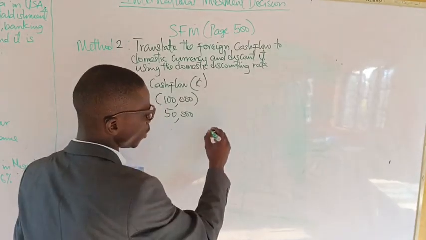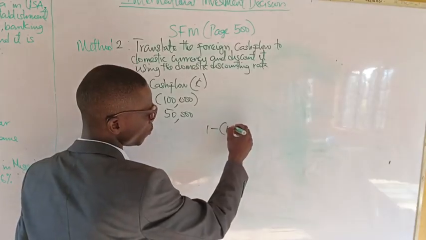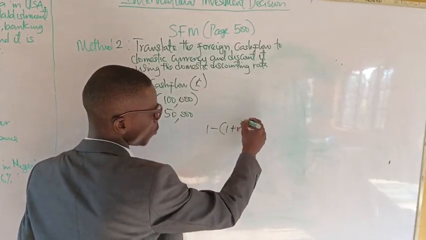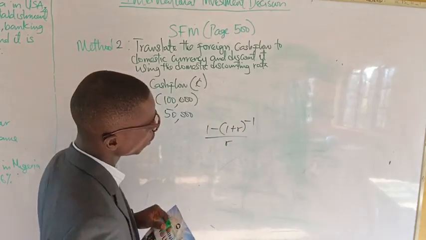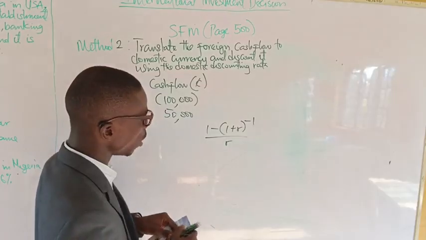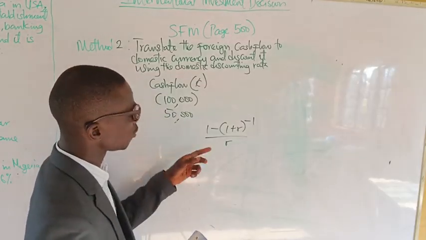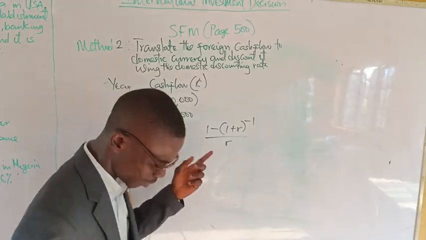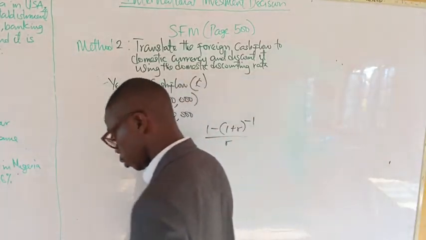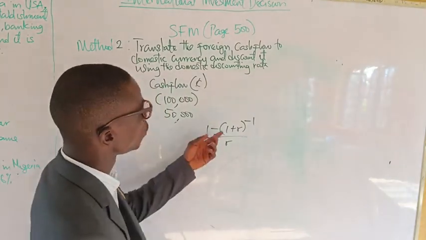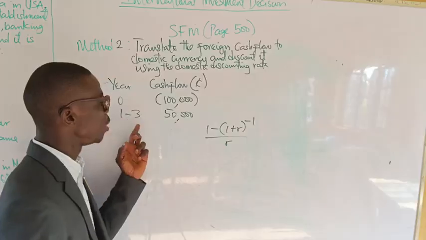Am I correct? I think this is how to calculate the accumulated discounting factor for the 3 years. Yes, sir. I'm right. Okay. So you can do that instead of calculating for year 1.